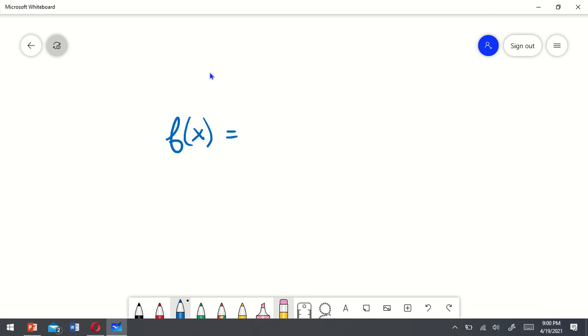So our first rule says x squared if x is less than or equal to 0. If x is between 0 and 2, exclusively, we use a different rule. We say x plus 1 if x is bigger than 0 but less than 2.